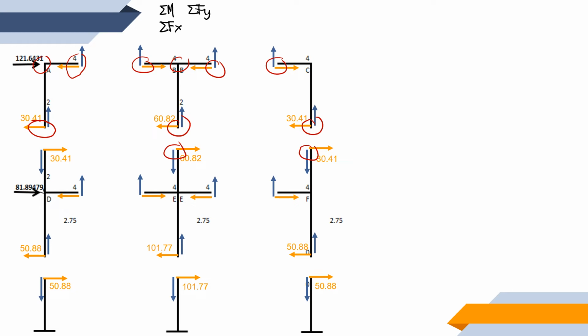You can take moment in all of the cuts. And for the summation of forces, we are going to sum up forces at the joints. Okay, so same as with the method of joints in our theory of structure. So we're going to sum up forces at joints A, B, C, and all other joints. Okay, so that is where we are going to sum up our forces.